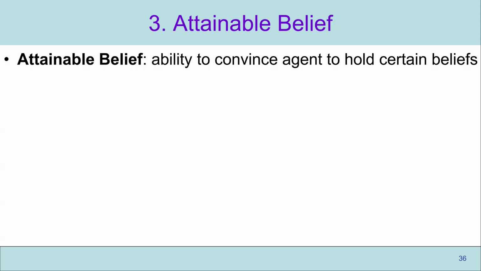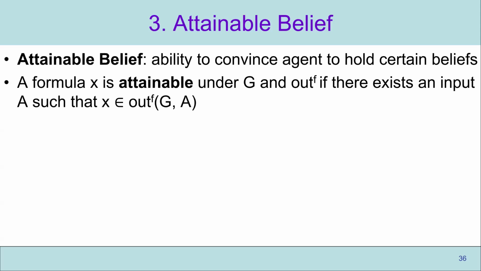These are called the attainable beliefs. So these are the ability to convince someone. It is important that it is this kind of conditional concept. So it's an ability we have.